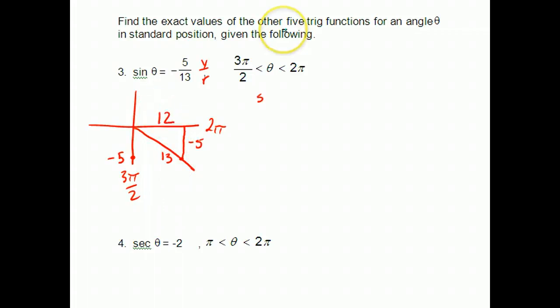Okay, so now we've got all 3 sides of our triangle, so we can go and find all the trig functions. So we already know sine, so with sine goes cosecant theta. It's going to be the reciprocal of that, or minus 13 over 5. Okay, the cos of theta, so this is theta in here, right?